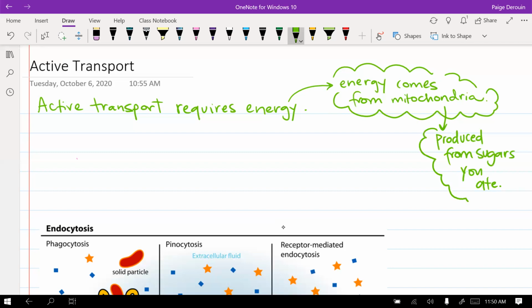So this is why we've done things in this order, because now we've built up to how we got the sugars, what used the sugars to make the energy, and now what the energy is used for. In biology from now on, I'm going to use a different word to mean energy.